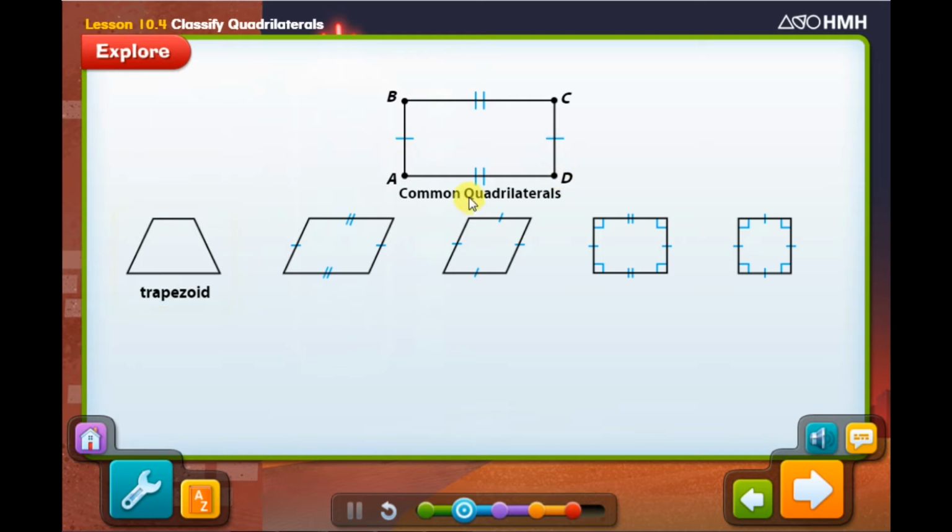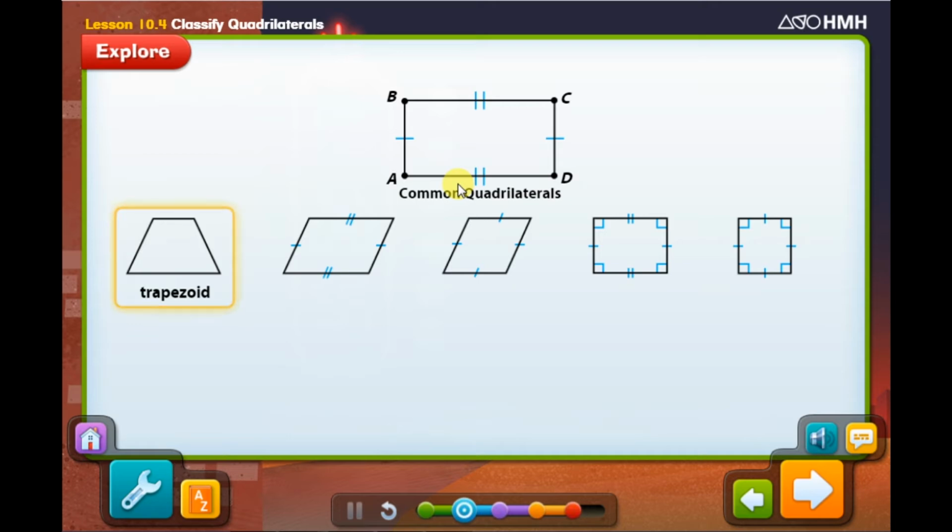How do I know the equal sides? By putting a tick. It's the same tick here or the same tick here. The same double tick here or the same double tick here. This means these 2 sides are congruent. Congruent means they have the same length. Okay? It means they are typically alike.